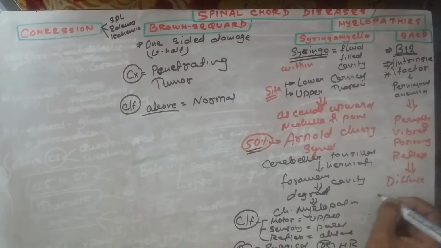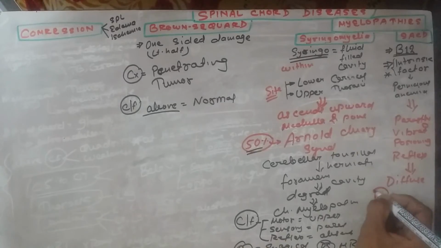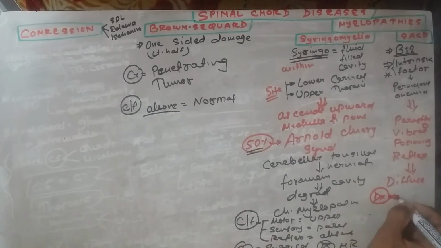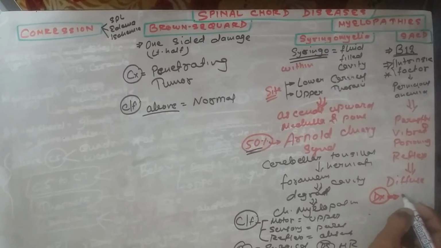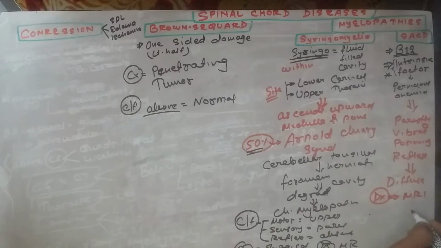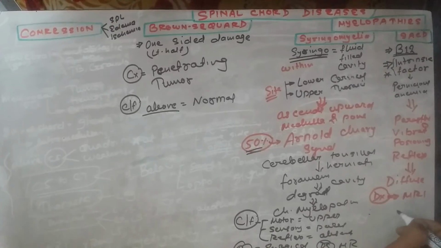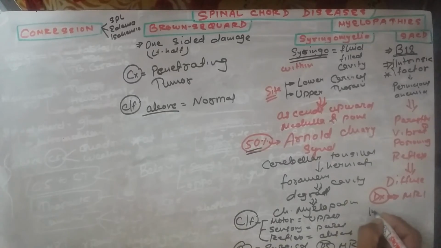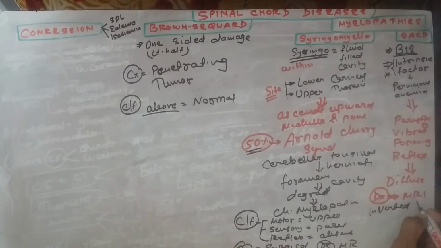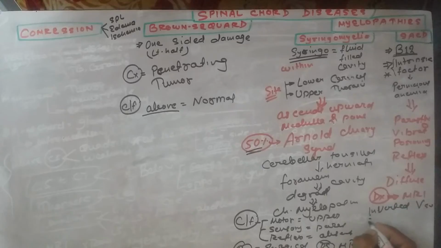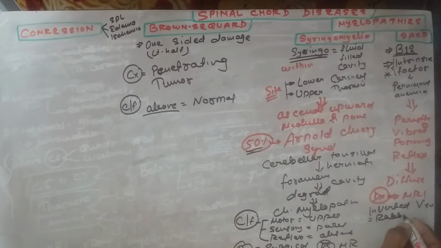For the diagnosis we will check for vitamin B12 deficiency, and in this way we can diagnose. CT or MRI of the spine, spinal cord, is also sent, in which there is an inverted V sign or rabbit ear sign. Look, here is the MCQ portion: the inverted V sign is seen, also called the rabbit ear sign.